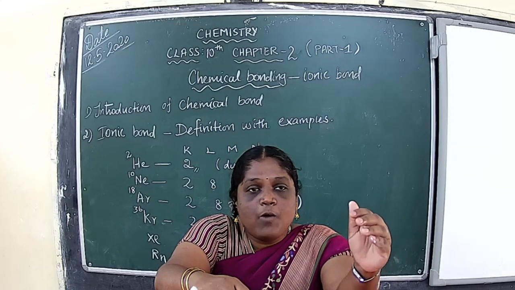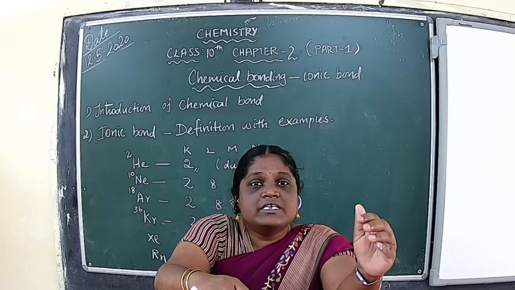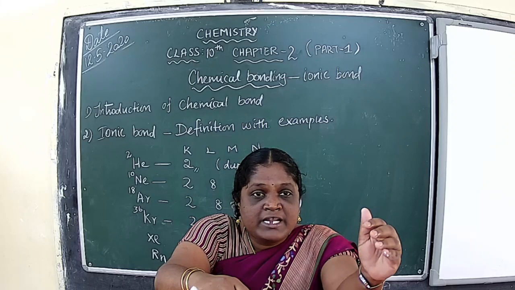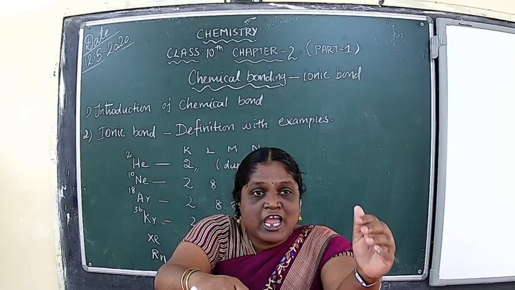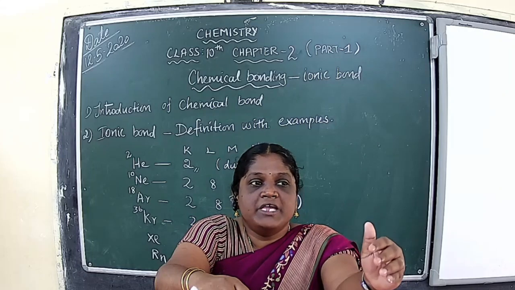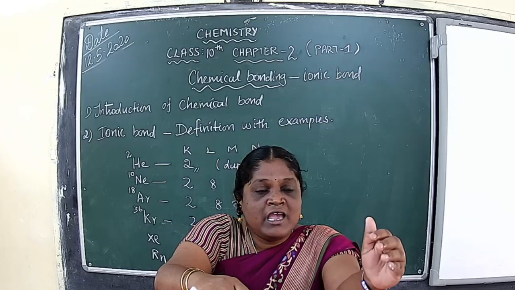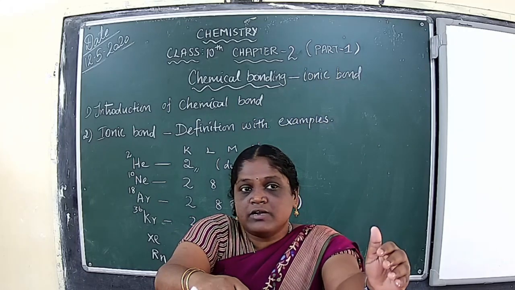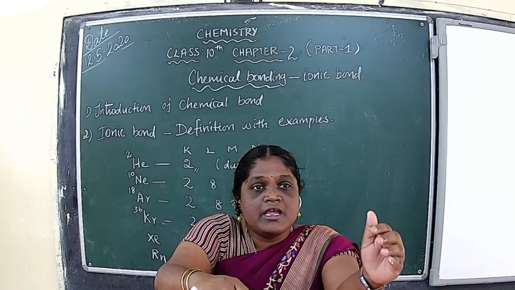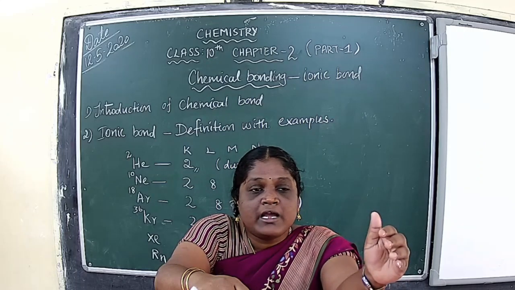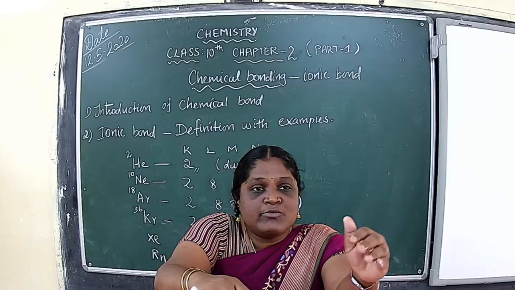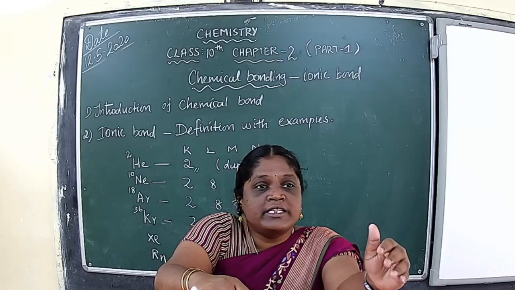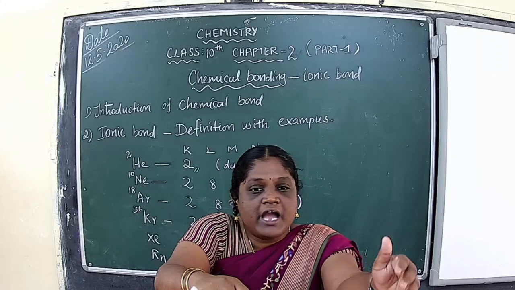Because the noble gas already has a stable electronic configuration. That's why it is chemically inactive. It does not react with any other, it does not take part in the chemical reaction.